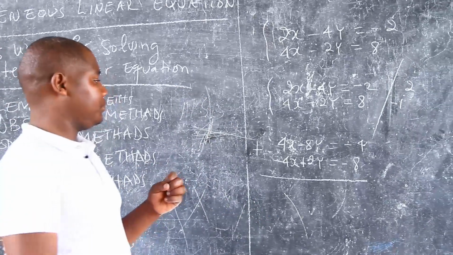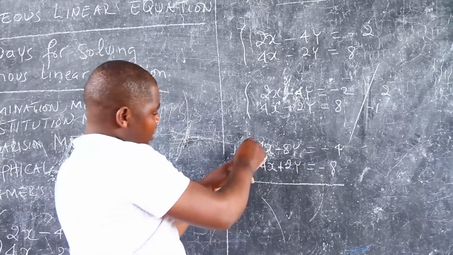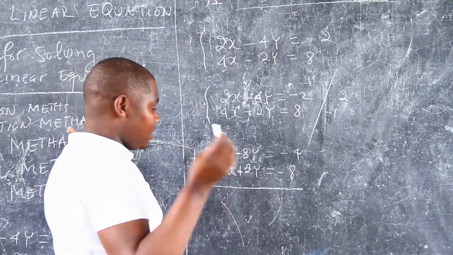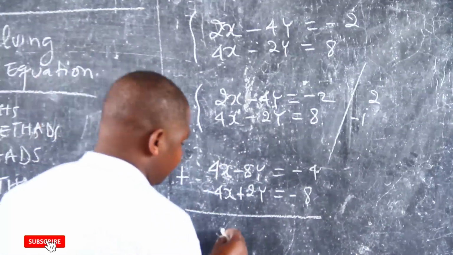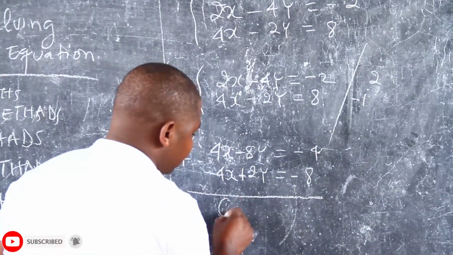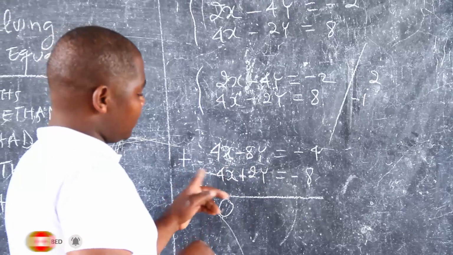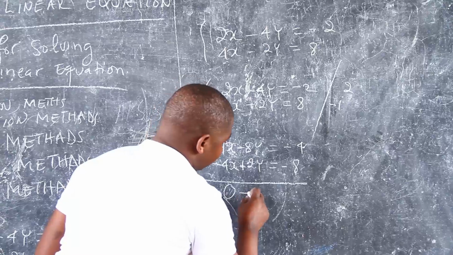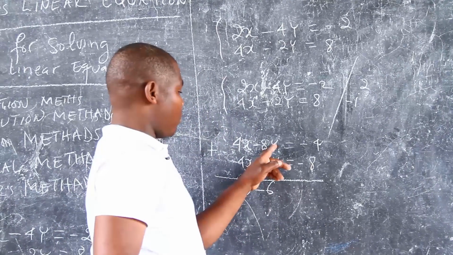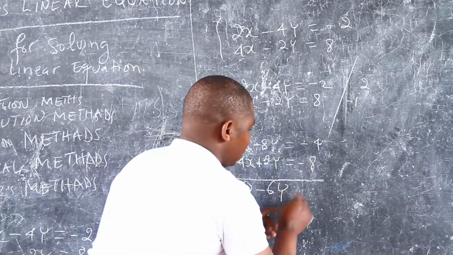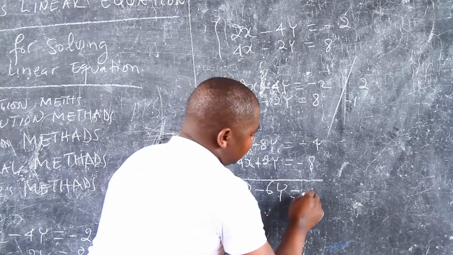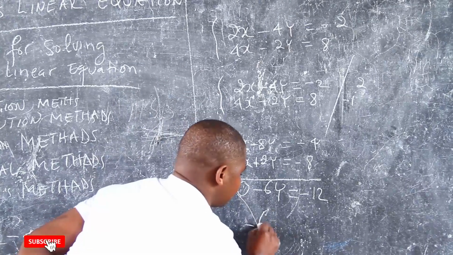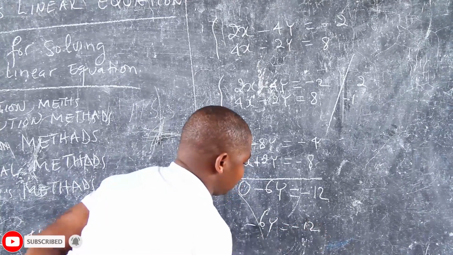An example, 4 plus -4, I find 0. Negative plus positive, I find -6y, equal to -12. Then -6y equal to -12.